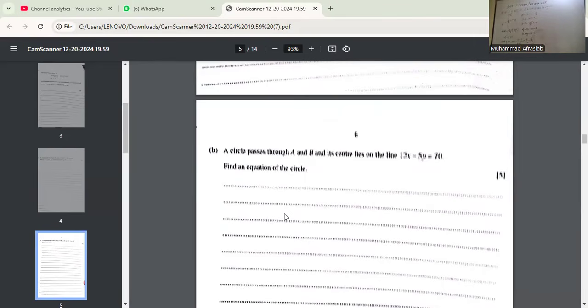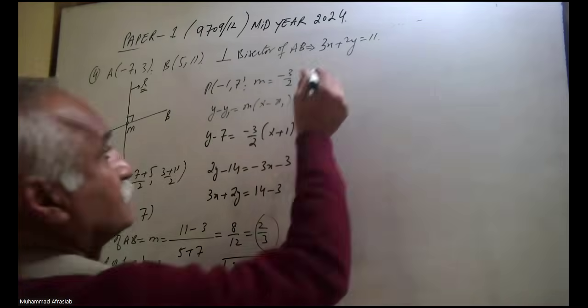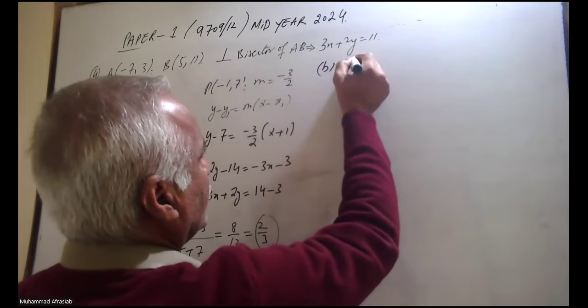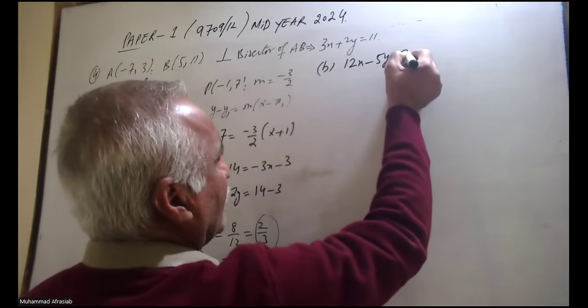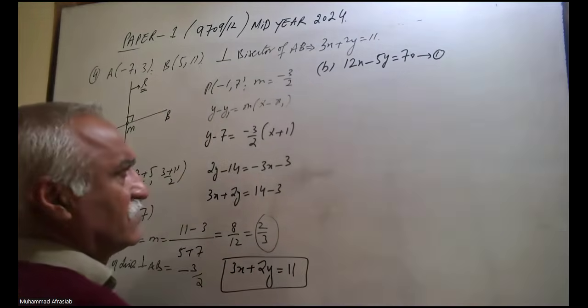Find the equation of the circle. So for this B part, the center lies on 12x minus 5y is equal to 70. This is the given equation for this portion.